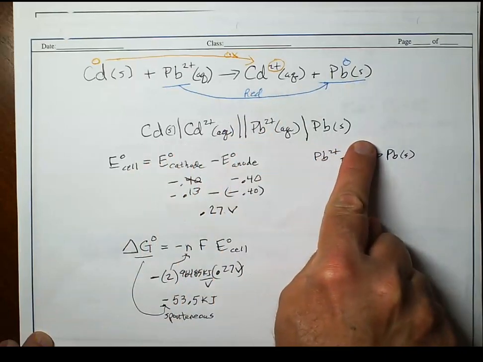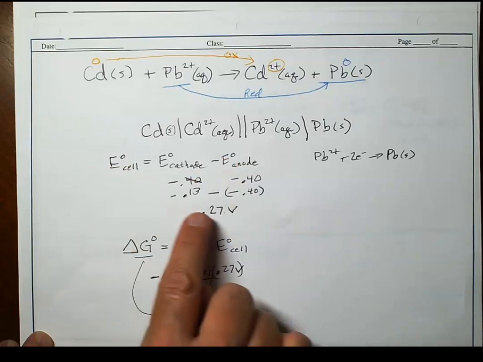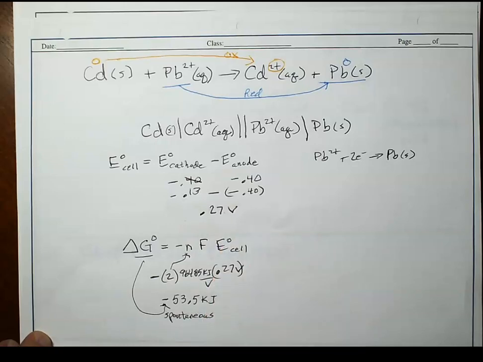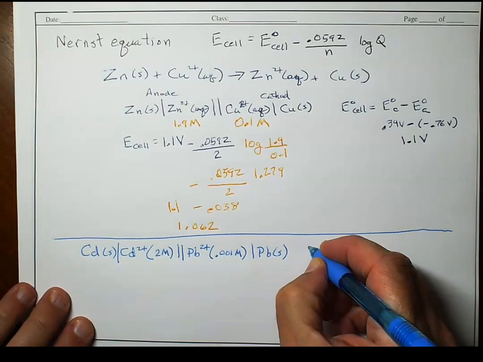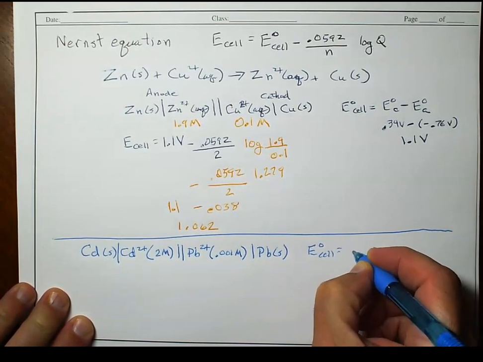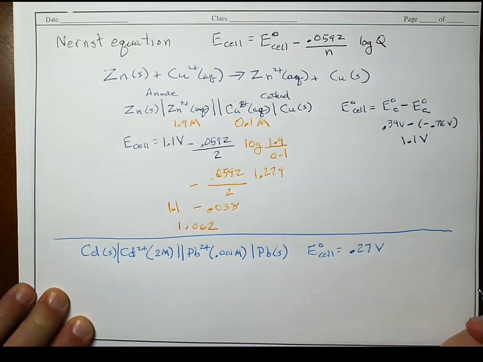There's the cell notation. This turned out to have a standard cell potential of 0.27 volts. Okay, so we'll bring that with us.